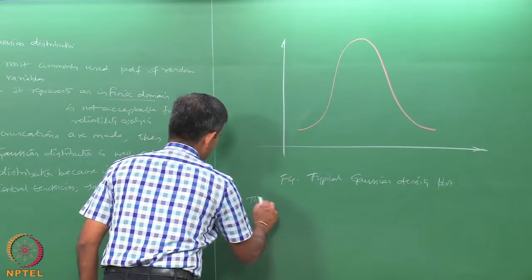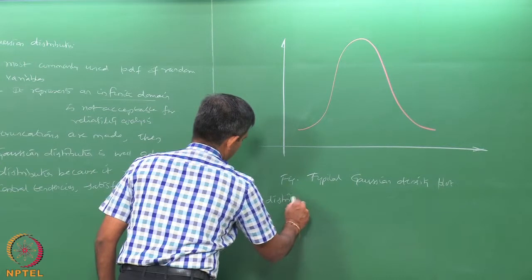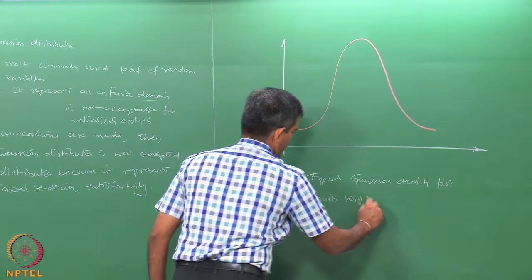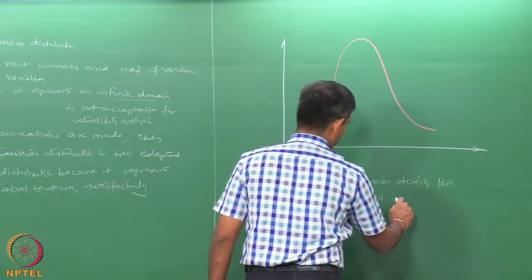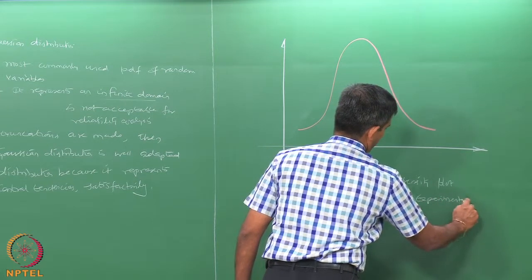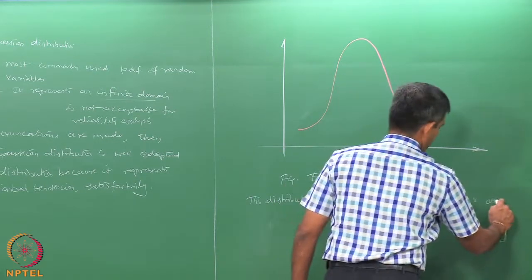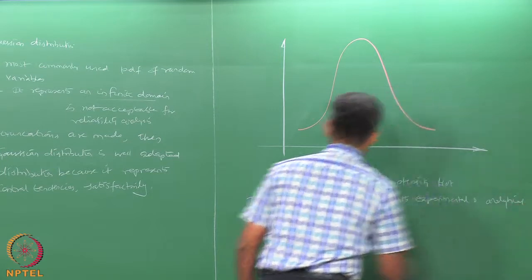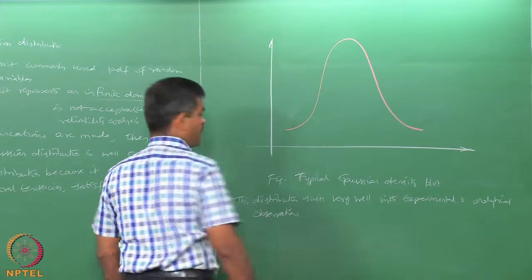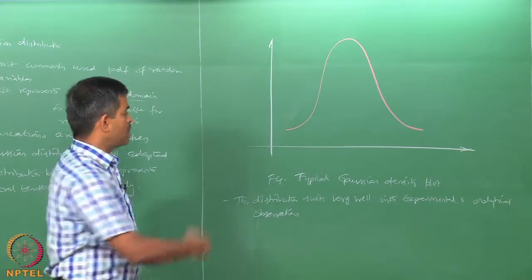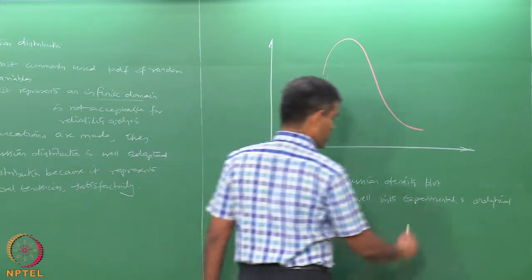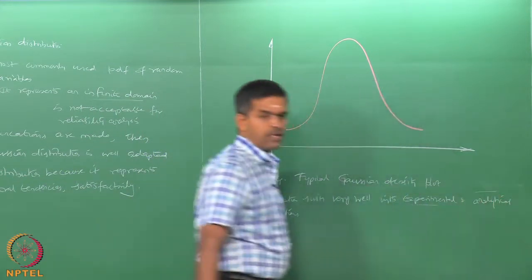This distribution suits very well with both experimental and analytical observations. That is what people have commented in the literature. It is one of the powerful density functions which can accommodate both experimental and analytical observation.